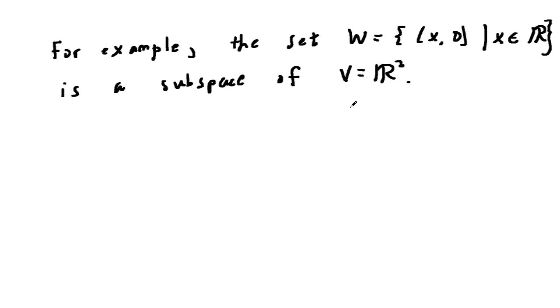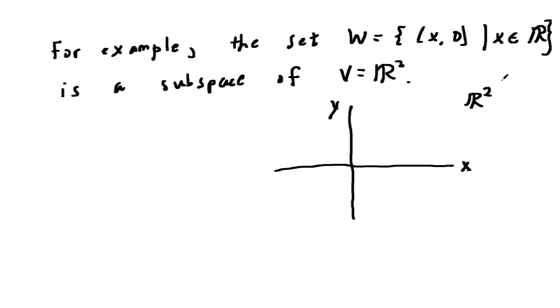Okay, if we look at the xy plane, then all the points in this plane form the vector space R2. But W is the subset of R2 consisting of those points along the x-axis.